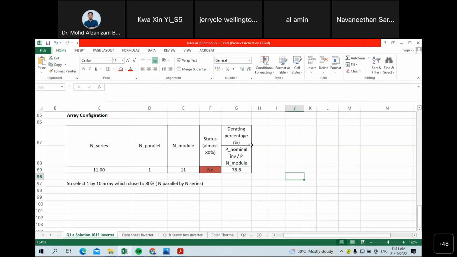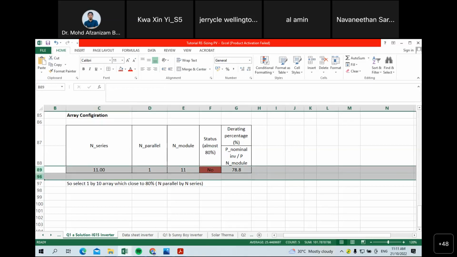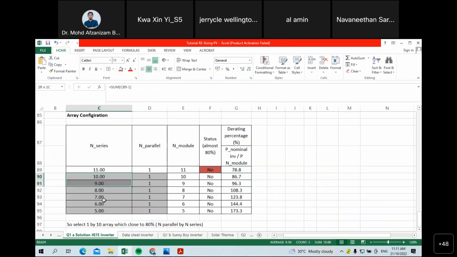And then, guys, that's the only case of the 11 by 1. But if you still remember, we have another option. Based on the data that we have obtained previously, we need to calculate everything.